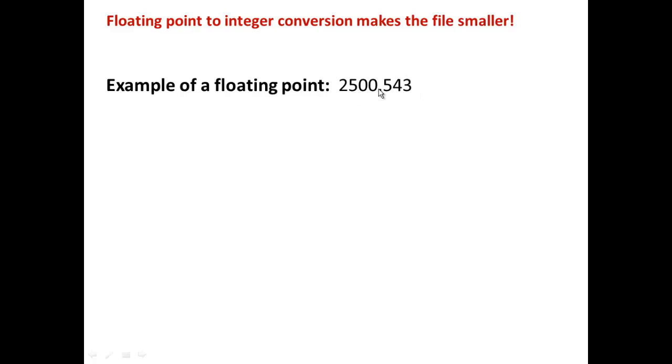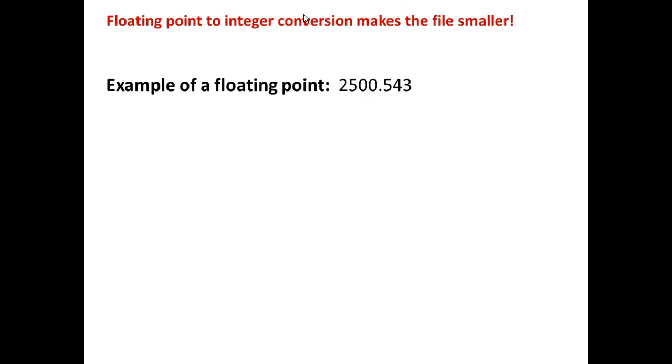We really only care about elevation to the nearest meter. It might even be good enough to have it to the nearest 10 meter interval. In any event, we certainly don't need the decimal places. So if we can round or chop off the decimal point and only keep the integer part, that means we have to keep track of fewer bits, and our file is going to end up being much, much smaller, which is going to make it much easier to work with.